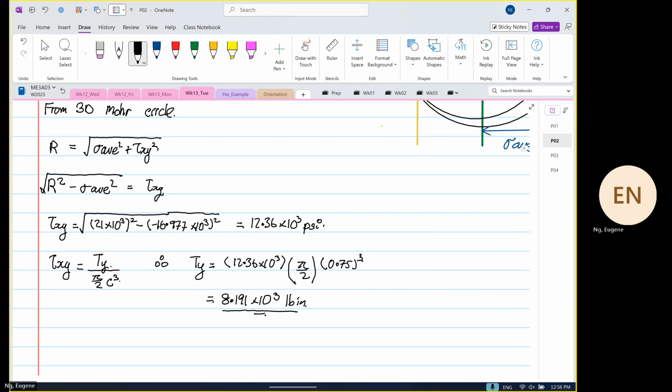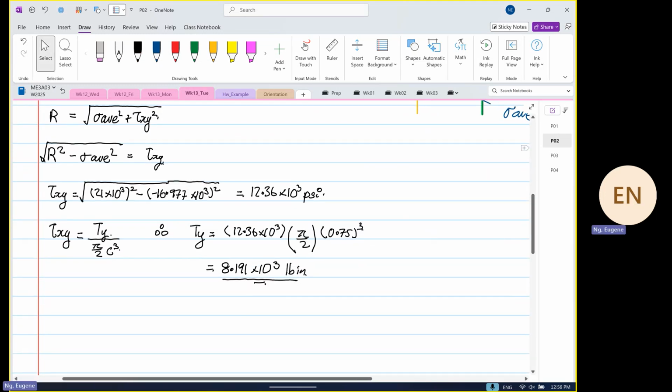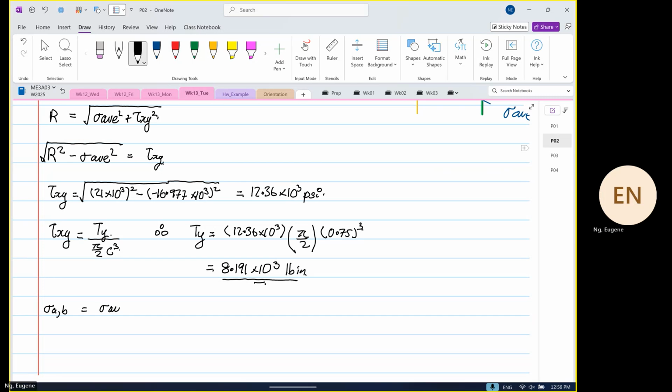And then we have to determine stress A and B again, which is equal to the stress average plus or minus the radius. So this will be equal to minus 16.977 times 10 to the power 3 plus or minus 21 times 10 to the power 3.